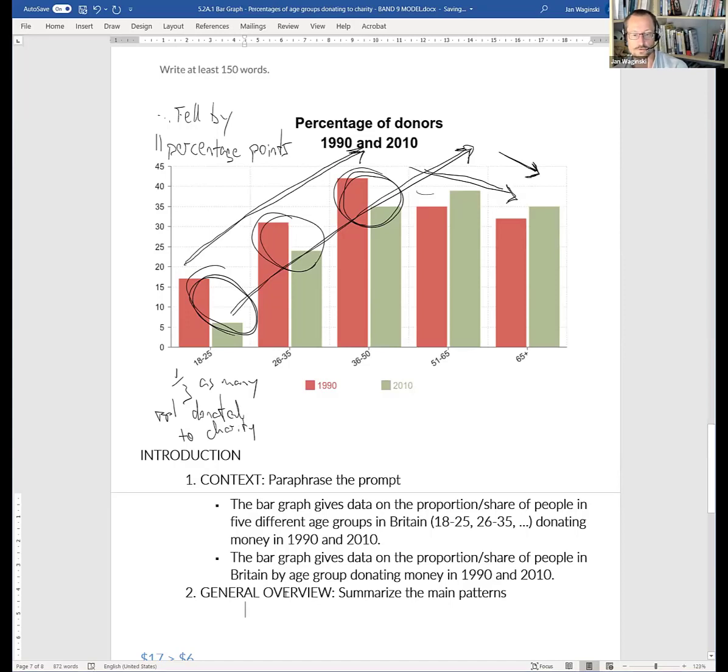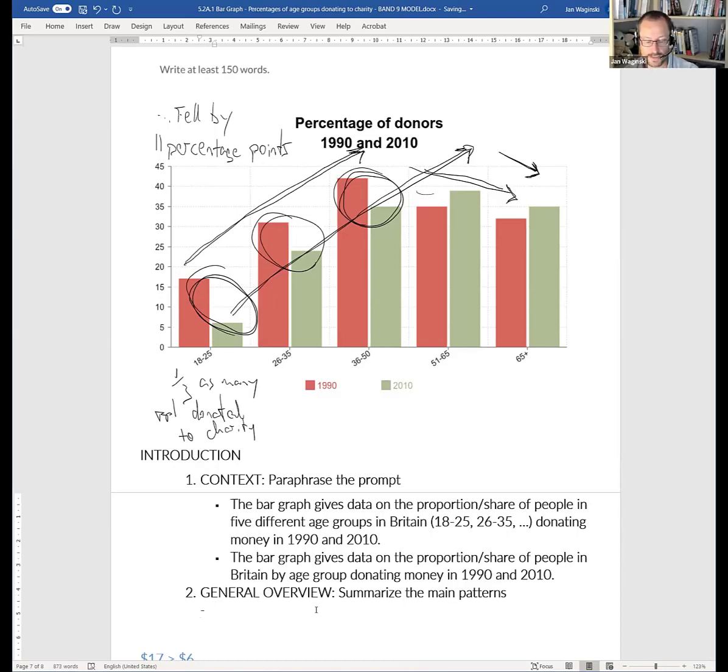Okay, let's do our general overview. Who wants to do this one? Let's have a volunteer. Is it Safa? Yeah. Go ahead, Safa. Okay. Can we say generally speaking? Good.